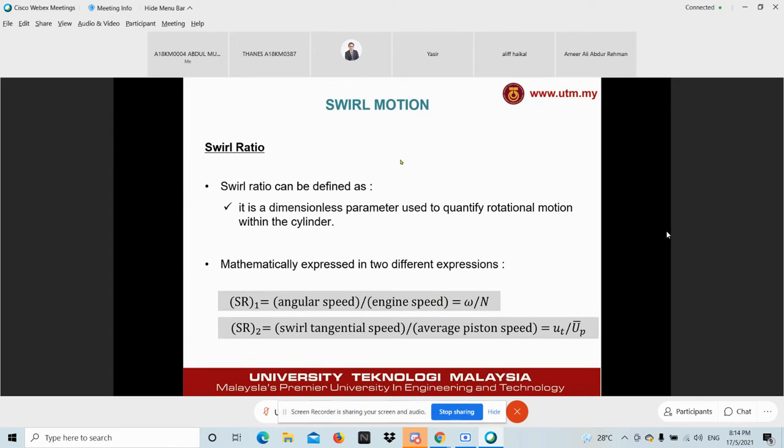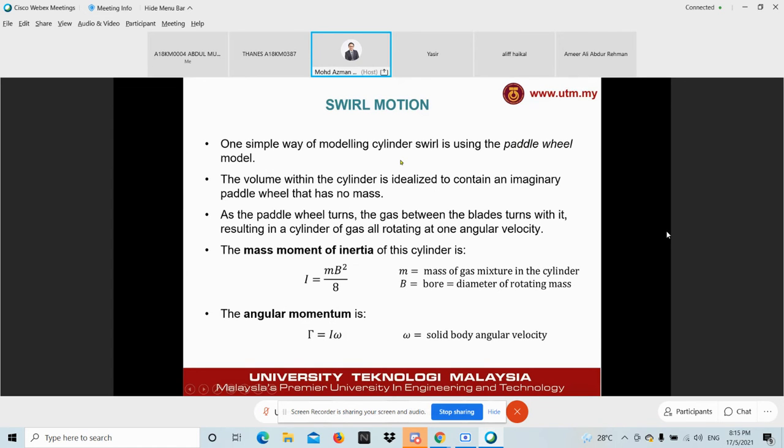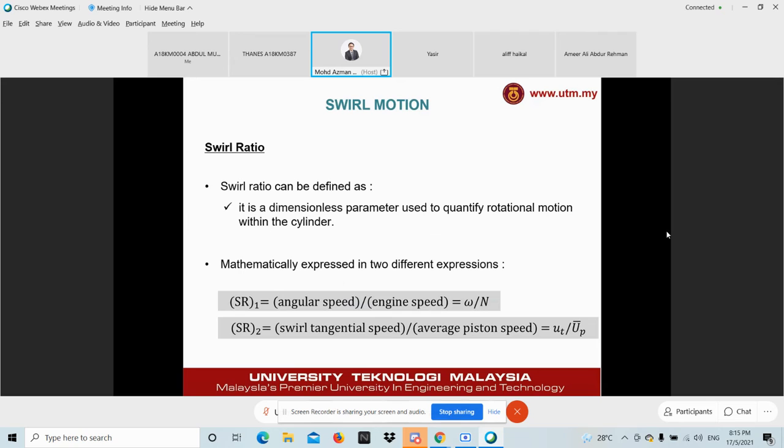So how do you actually determine the swirl? A ratio is used, and it is called the swirl ratio. A swirl ratio can be defined as a dimensionless parameter used to quantify the rotational motion within the cylinder. So you can measure or quantify the swirl by using the swirl ratio.